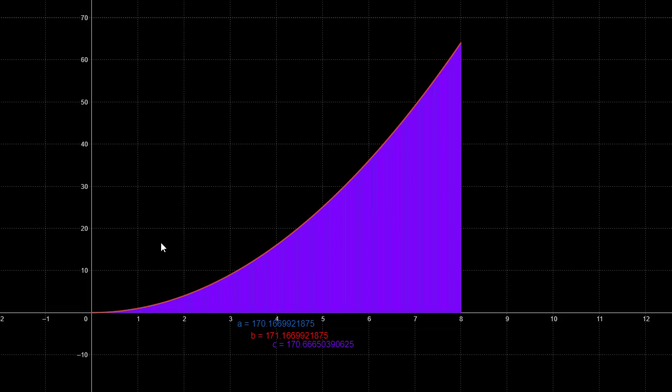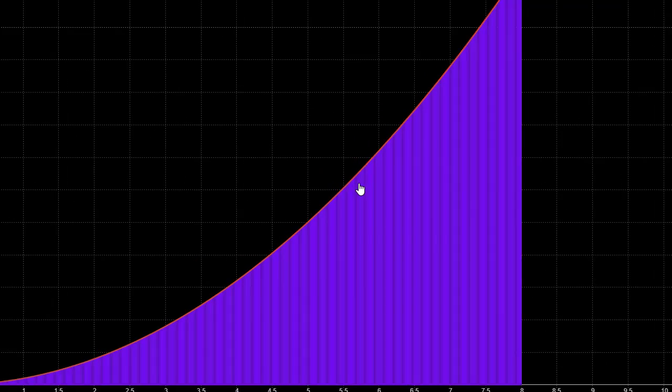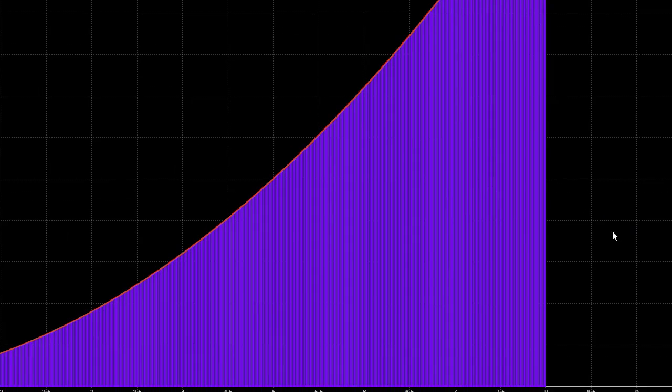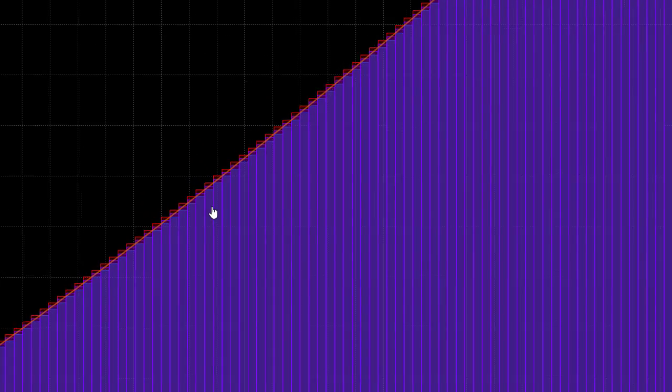From a far away angle, we can see that the difference between these upper estimates and lower estimates gets so small. We have to zoom way in to see the difference here. And so this is essentially what these Riemann sums are all about.